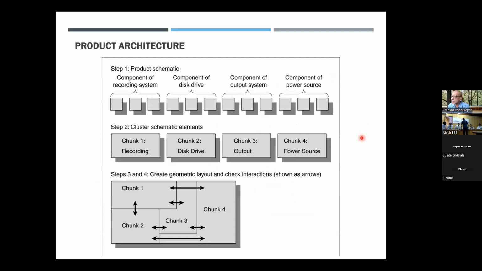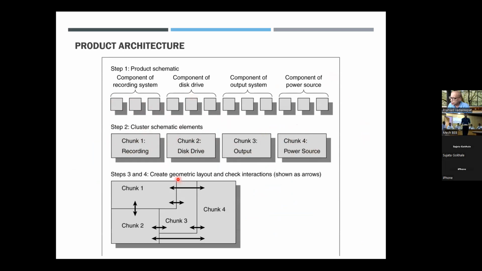So this is an example where recording system, disk drive, output, power source, you have 4 chunks. If you look at chunk 1, the recording, it may have multiple subsystems or components. Each one of those chunks will have components.